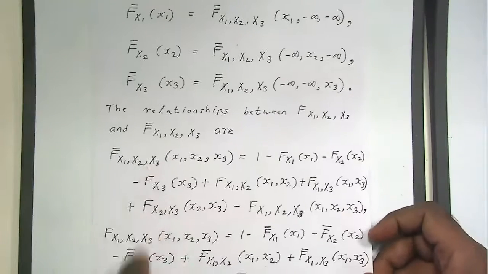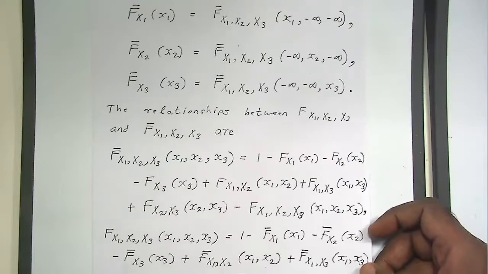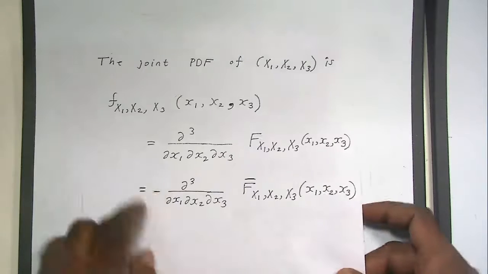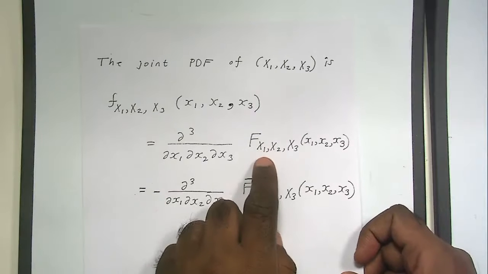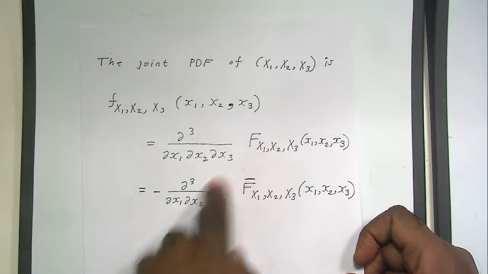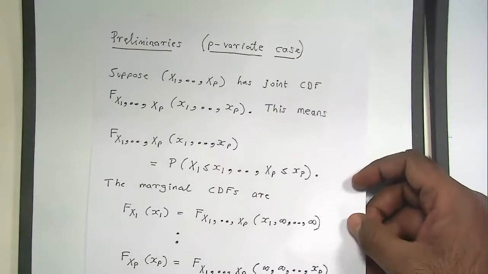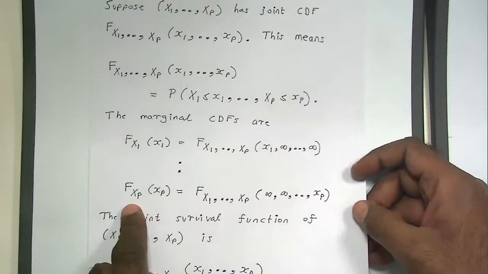And then once again there's a relationship between the F and the F bar given by these two formulas. And also how to obtain the joint PDF from the joint survival function or the joint CDF, through one of these formulas. Then I talked about the preliminaries for the p-variate case, where this is the definition of the joint CDF. These are the marginal CDFs.